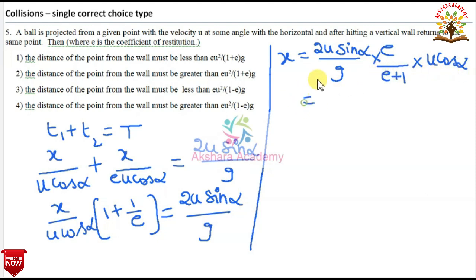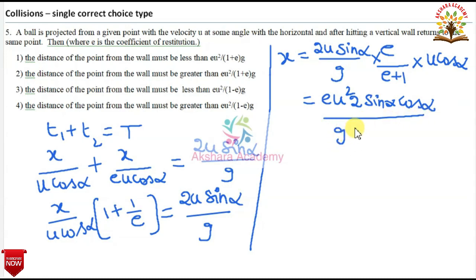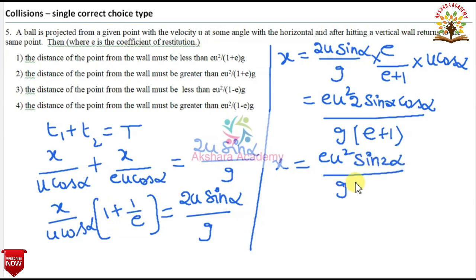Here u into u is u square, so e u square 2 sin alpha cos alpha by g of (e plus 1), that is 2 sin alpha cos alpha equal to sin 2 alpha. So e u square sin 2 alpha by g of (e plus 1).